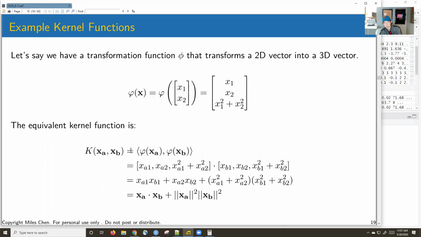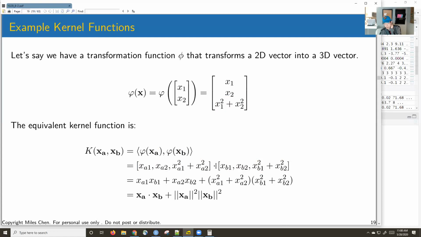If I apply that to the vectors xa and xb, phi applied to xa becomes xa1, xa2, and the two coordinates squared, xa1 squared, xa2 squared. We do the same for xb, so we have xb1, xb2, xb1 squared, and xb2 squared.